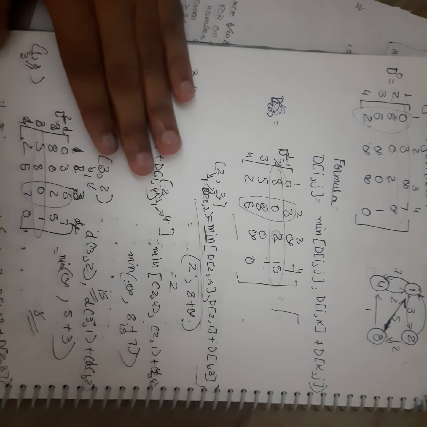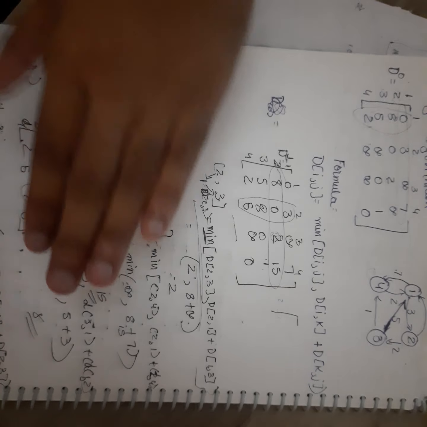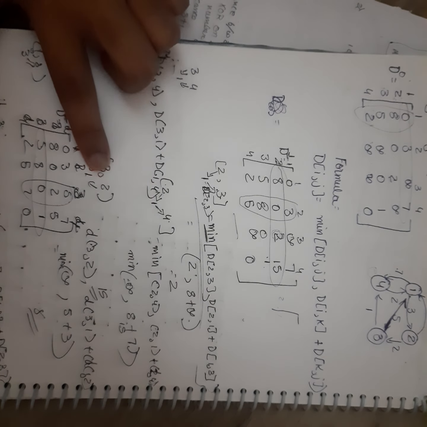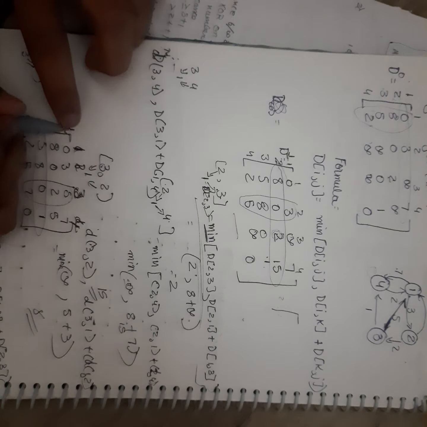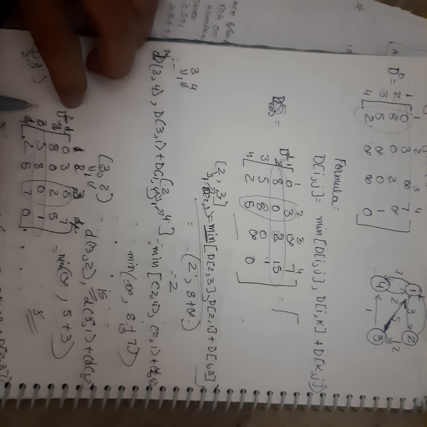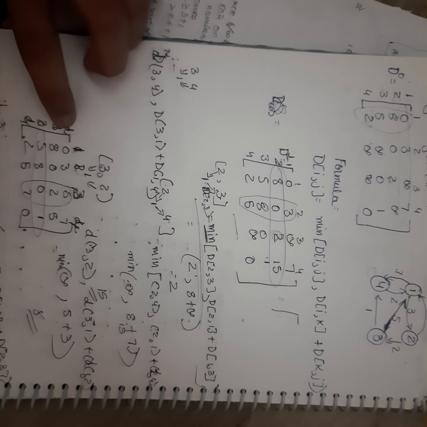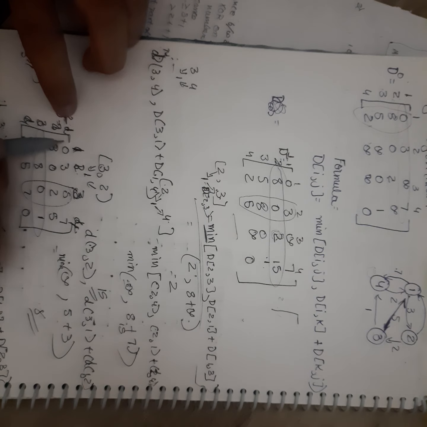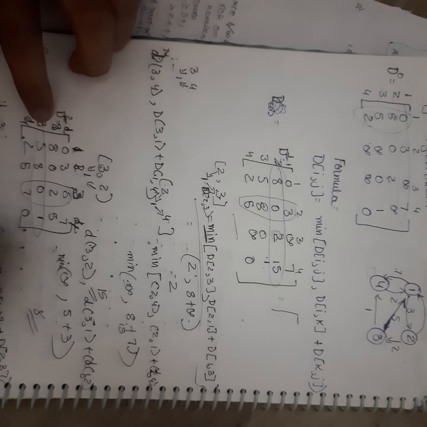When you are finding d4, you take the value, so for d3 you will take the value of d2 here. So what is d of 1 comma 2? 1 comma 2 is 3, and d of 1 comma 3 value is 5 plus d of 3 comma 2 is 8.